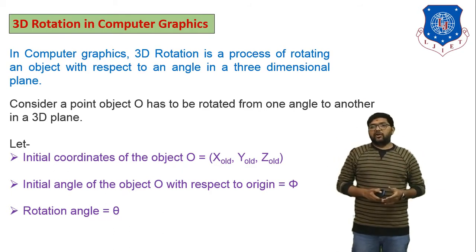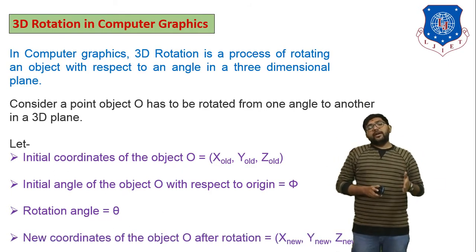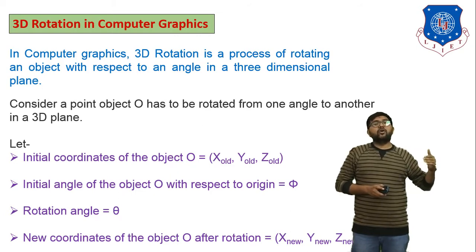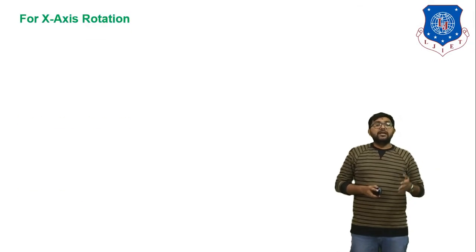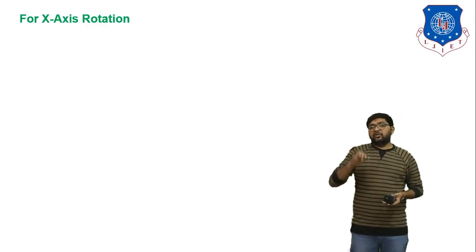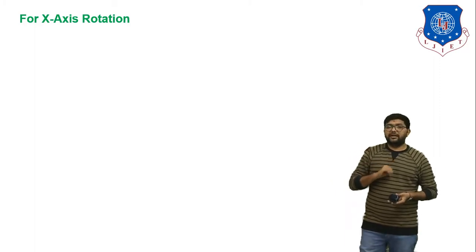The new coordinates of object O after rotation are x new, y new, and z new. Now we have to derive the relationship between x new, y new, and z new with x old, y old, and z old.